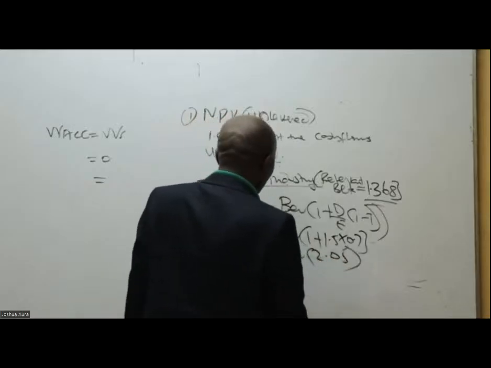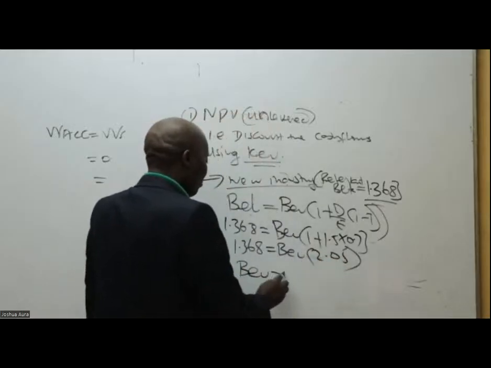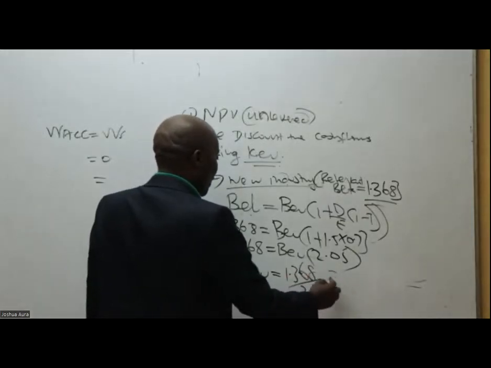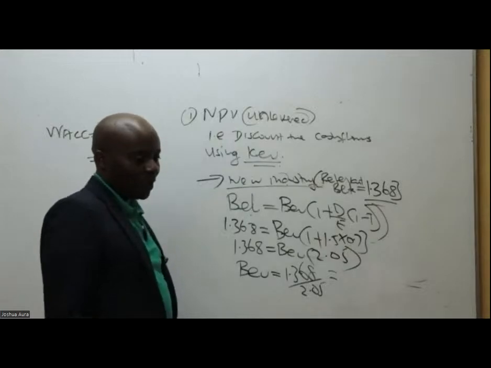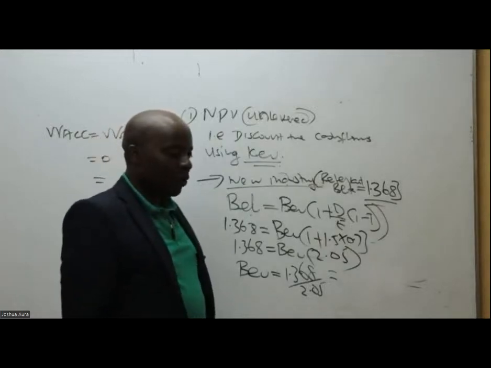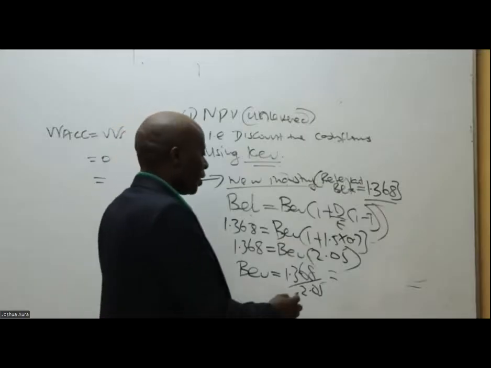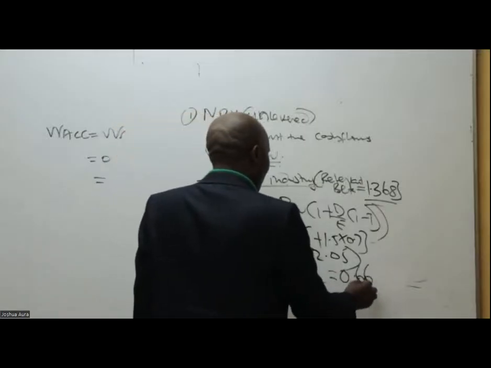2.05. And then I will be able to get the famous beta unlevered by taking 1.368 divided by 2.05, which will end up giving me what figure? 0.667.